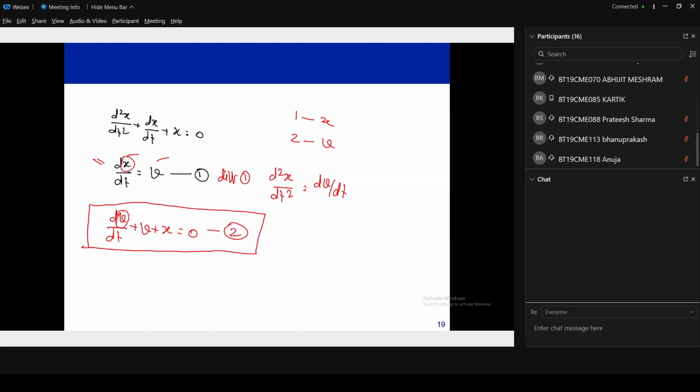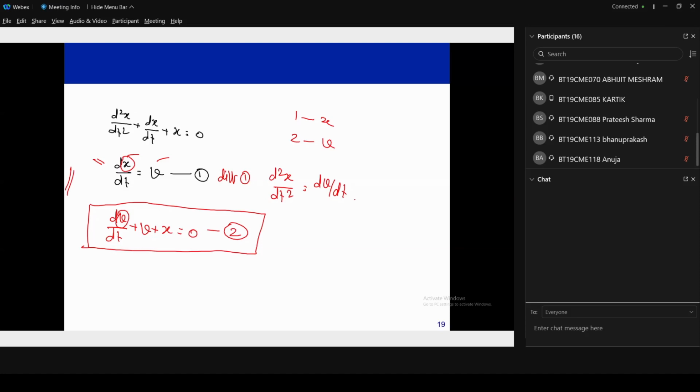Correct? So if I solve equation 1, I get the solution for x, and if I solve equation 2, I get the solution for v. These are coupled equations, which is an altogether different story. We cannot solve them separately, but for a moment I'm talking about this.